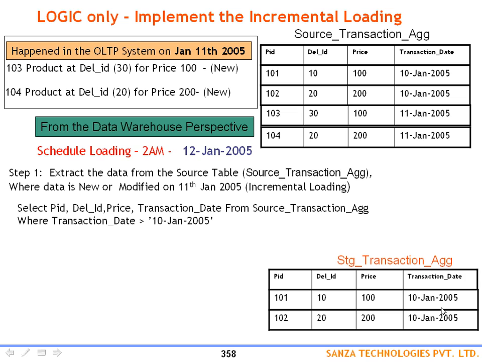We are saying greater than this already loaded data in my staging. That is, what was the last load which happened in my transaction staging table? Greater than that I should extract.